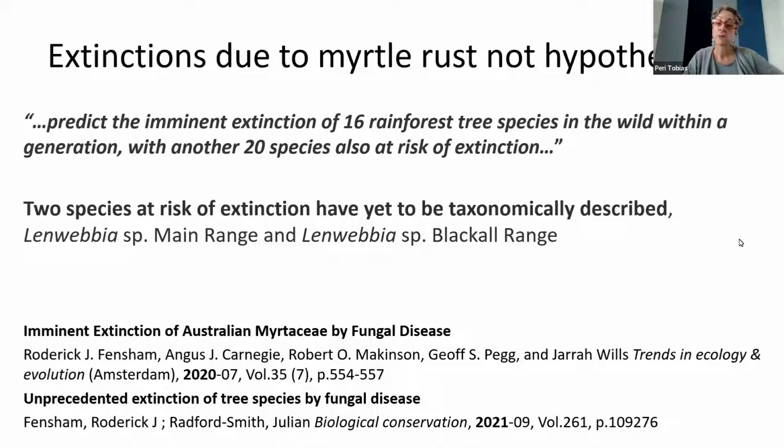There are 2 species listed at risk of extinction that have yet to be taxonomically described. So we're losing species in this country before they've even been described, and that may be the case in our neighbouring countries as well.